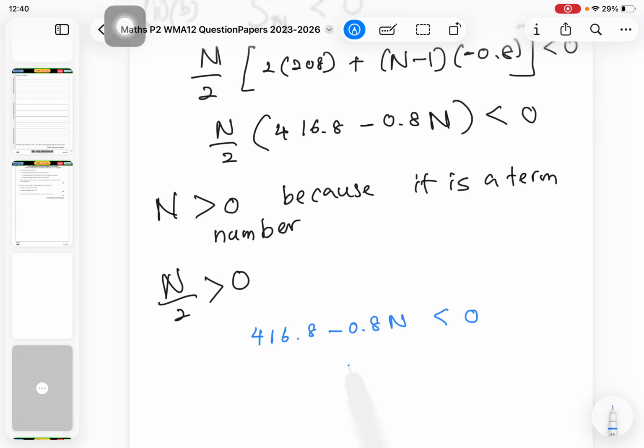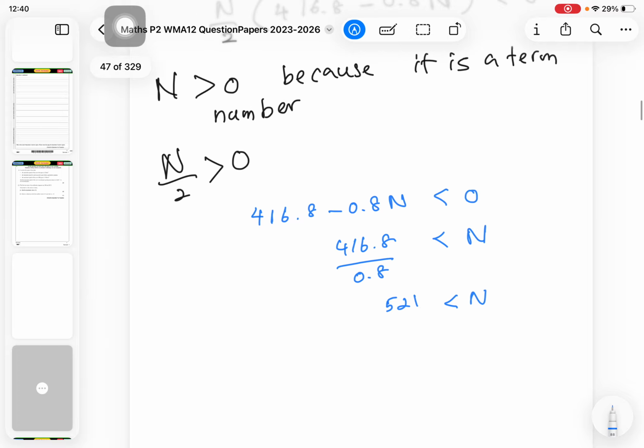So our n would be 416.8 divided by 0.8. When you divide it, that's going to be 521. So n will be smaller than 521.